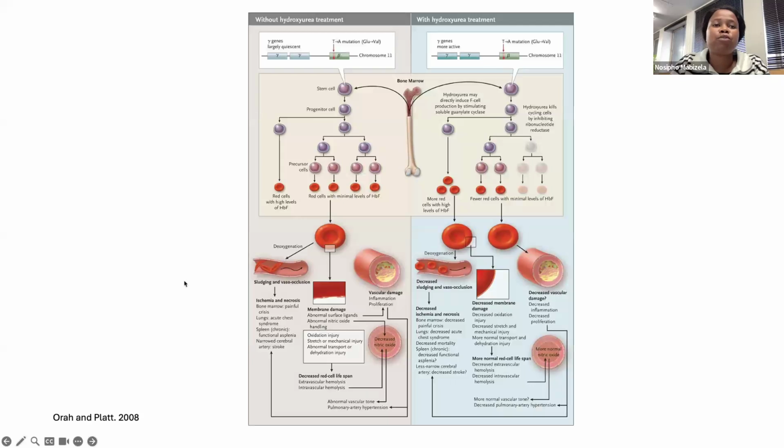As I mentioned in the second slide where I talked about pathophysiology, these red sickle cells block and result in other clinical manifestations. But when you have hydroxyurea, your red blood cells are not 100% fixed, however there is some compensation of that fetal hemoglobin level. That means you improve in terms of the clinical manifestation.